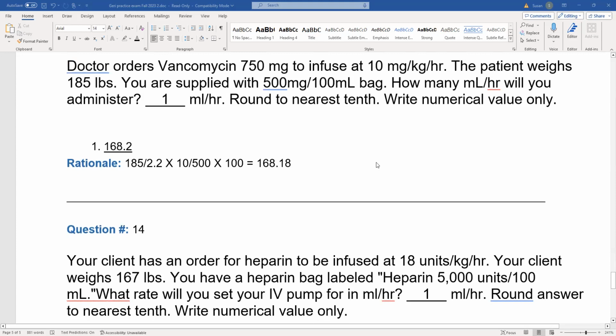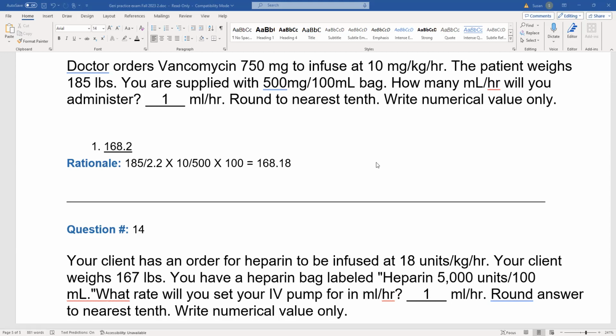Now let's do number 14. Is it 27.3? I'm doing the math now, but that's what I got too.